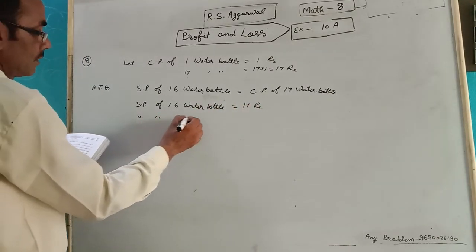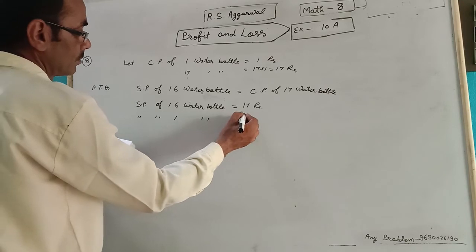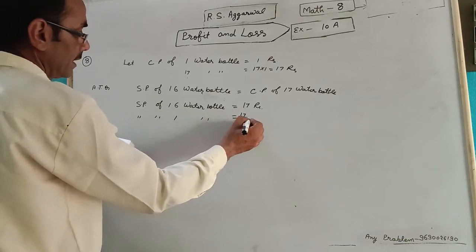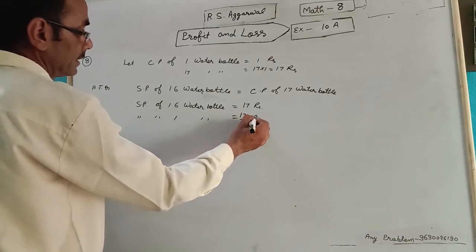SP of 1 water bottle is equal to 17 upon 16 rupees.